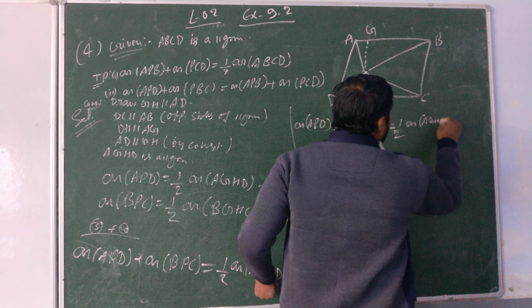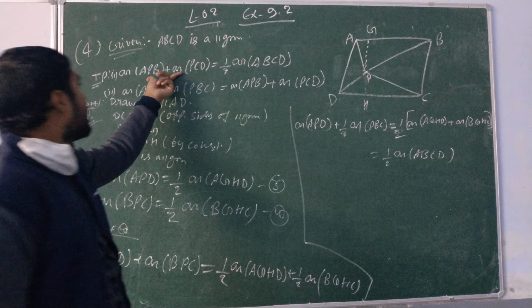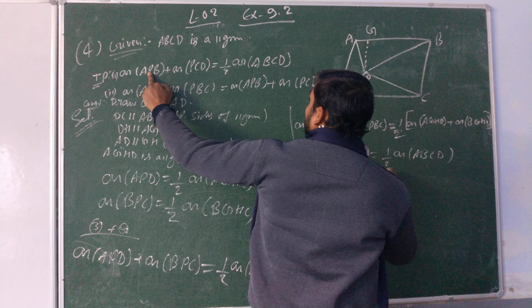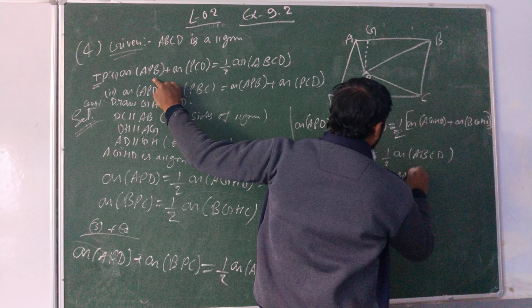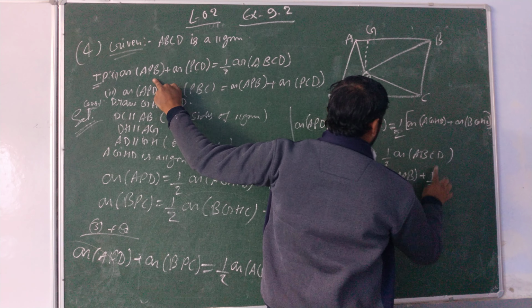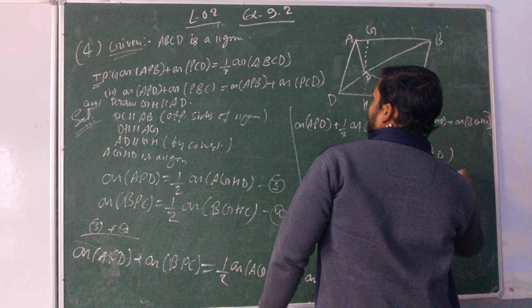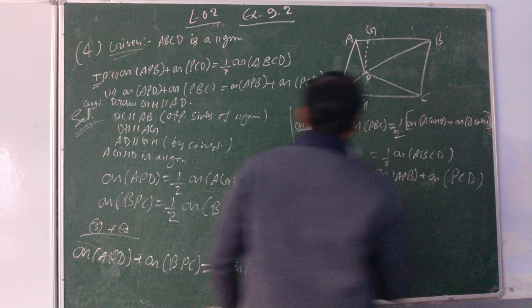Now we are going to add both areas AGHD and BGHC. Then it will be the complete parallelogram ABCD. So half of the area of parallelogram ABCD is equal to the condition in the previous part. We can write it as area of APB plus area of PCD.